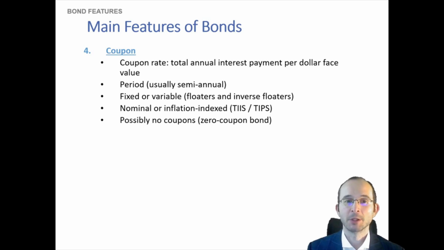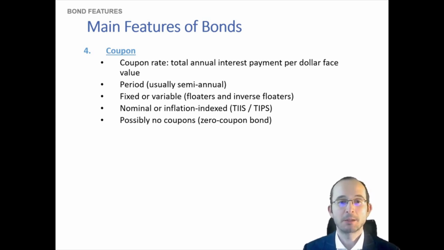So if you define what floaters and inverse floaters are, well, those are bonds that have the coupon rate tied to the interest rate in some deterministic way. A floater will be a bond whose coupon rate rises with the interest rate, and an inverse floater will be a bond whose coupon rate falls as the interest rate rises.